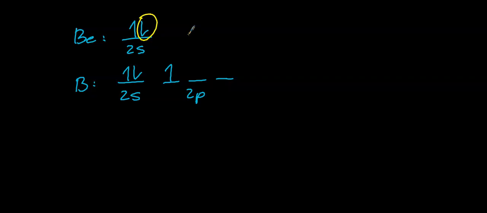It is also easier to remove an electron from a higher energy sublevel. So the 2p sublevel is a higher energy sublevel than the 2s. Because you're removing an electron from a higher energy sublevel, boron has a lower ionization energy than beryllium. It's easier to remove an electron from boron than beryllium.